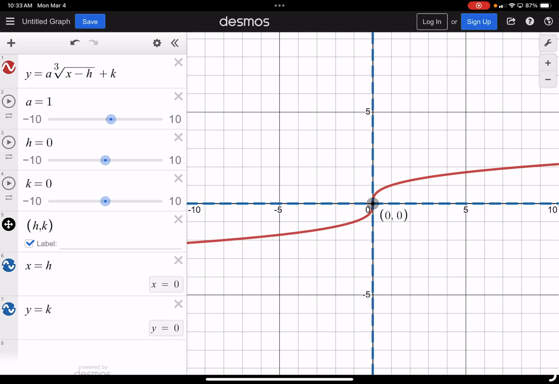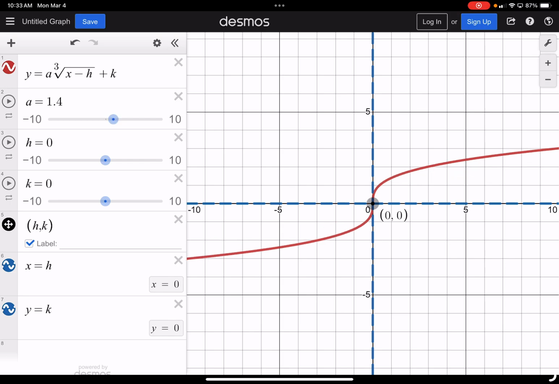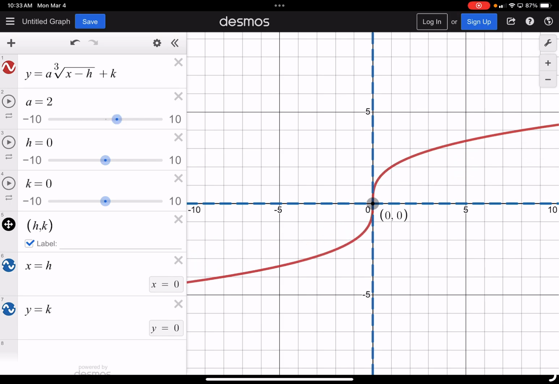So when our a value changes and gets bigger, right, we would go over 1 up 2, over 8 up 4, right? Or left 1 down 2, left 8 down 4.